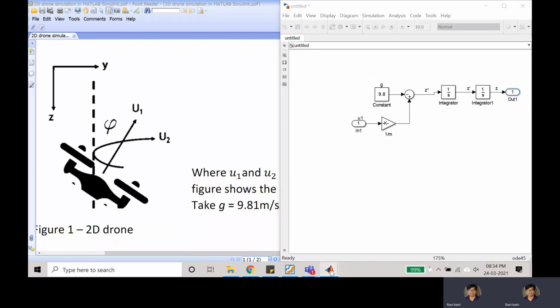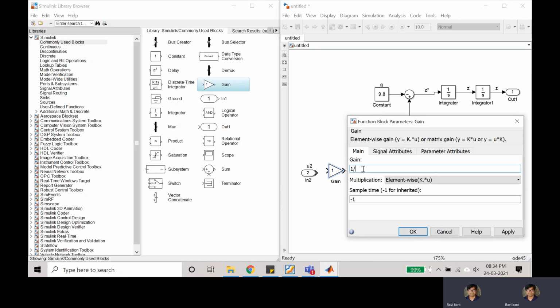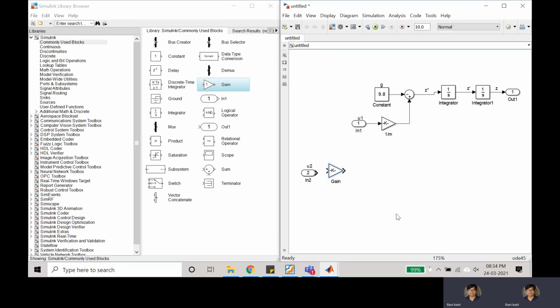So let me start with another input, and I'll call this input U2. Okay, so U2 I want to multiply with 1 upon Ixx. Ixx is 0.1, which we have already decided, and I'll call this gain 1 upon Ixx.